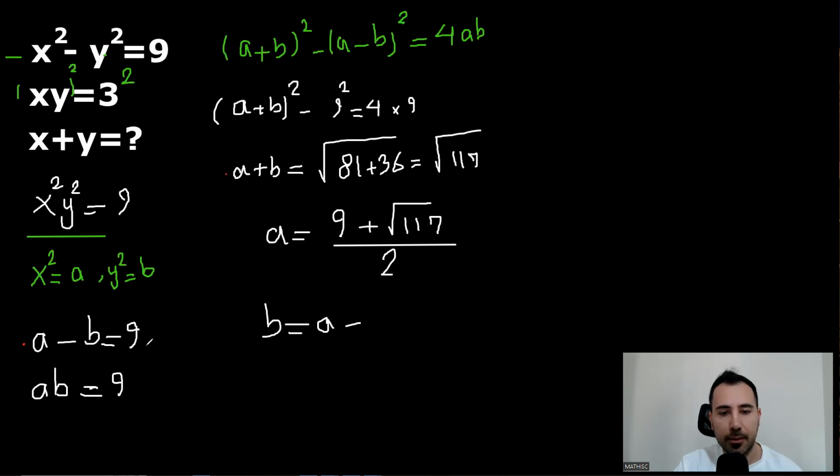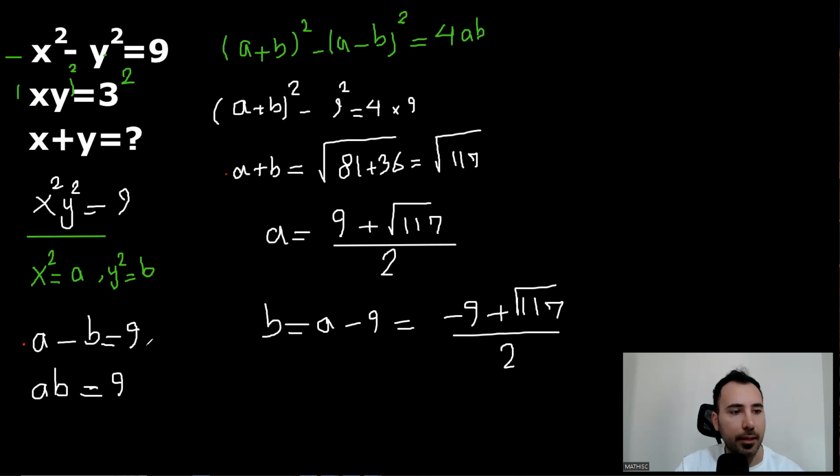And if we apply it, it's going to be negative 18. So it would become negative 9 plus square root of 117 over 2. So we have B and we have A.